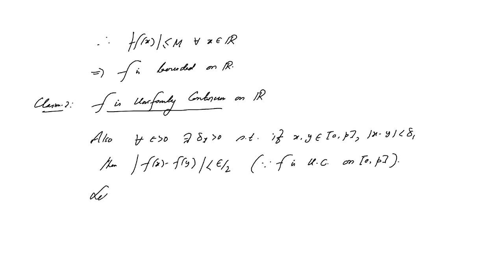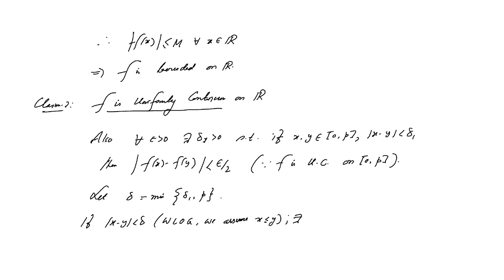So now we just consider delta equals minimum of delta 1, p. And if |x − y| is less than delta, without loss of generality, we assume x is less than or equal to y.